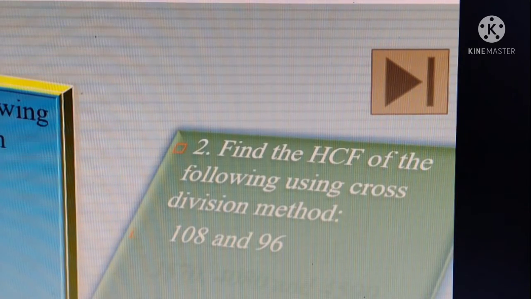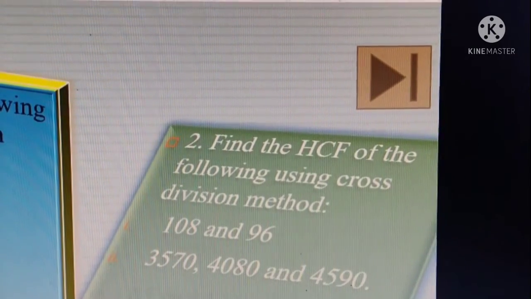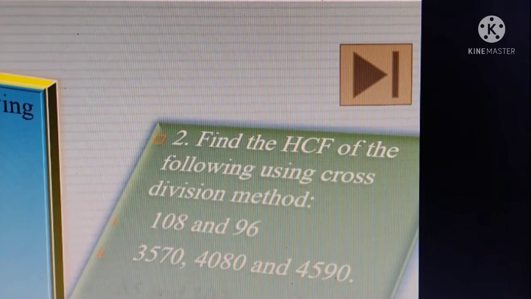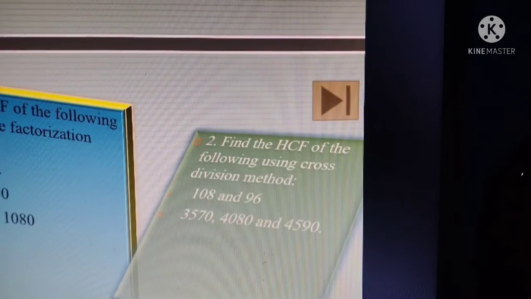Now see the second number. 3570, 4080 and 4590. So let's find the HCF. It also has the same process.